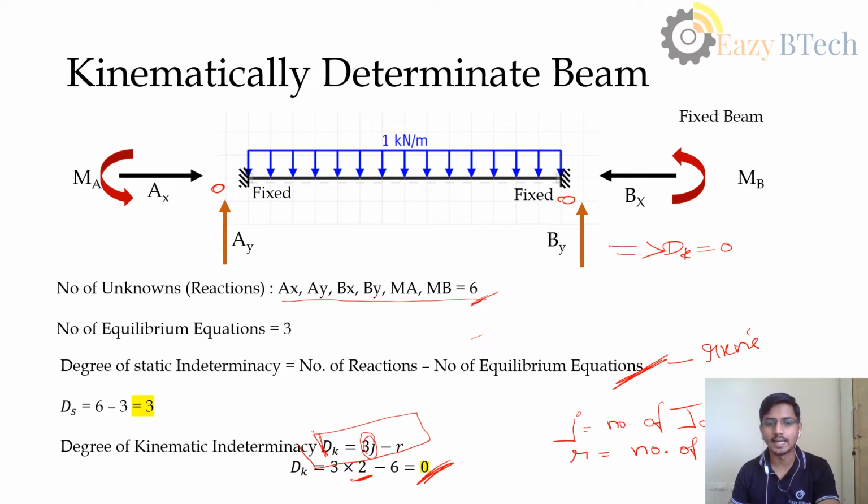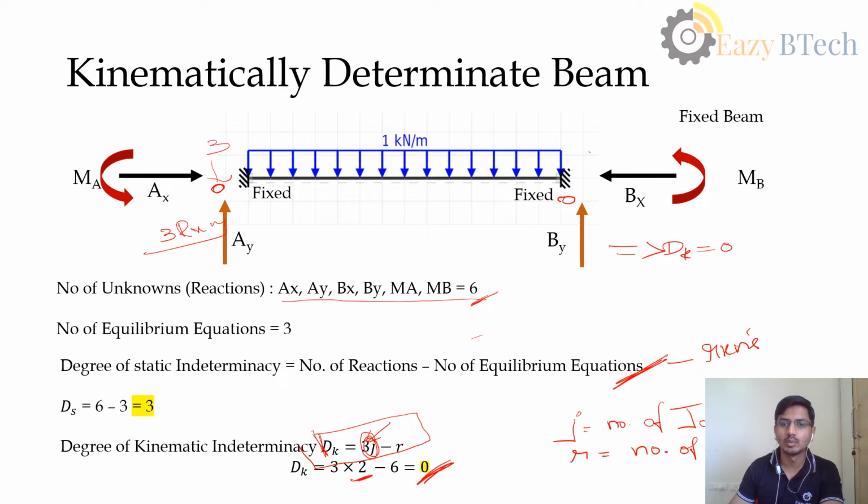So here that's what we are taking. At each node we have 3 degrees of freedom, right? If we just consider a joint, from that we subtract the number of reactions. Here we have 3 degrees of freedom, but due to the fixed condition preventing them, we get 3 reactions.